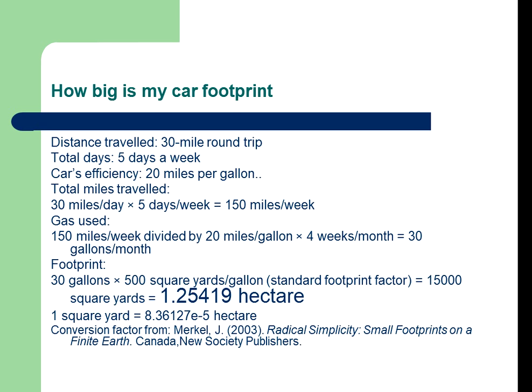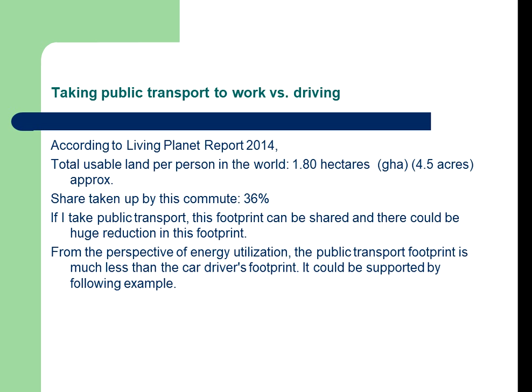So in this comparison, the footprint consumed by an individual car is 1.25 hectares. According to the Living Planet Report, the share taken up by this commute is 36%. If I take public transport, this footprint can be shared and therefore could be a huge reduction in the footprint.